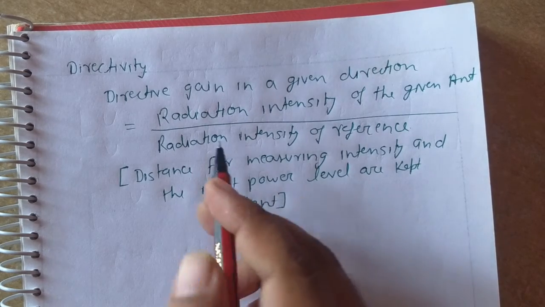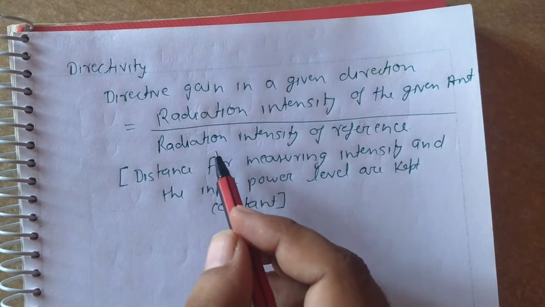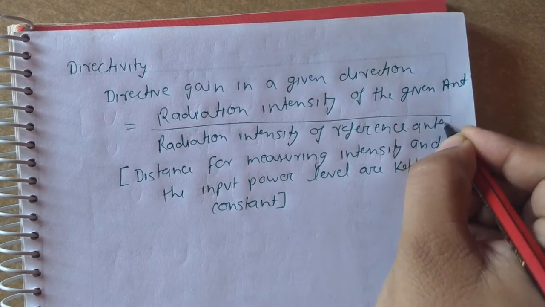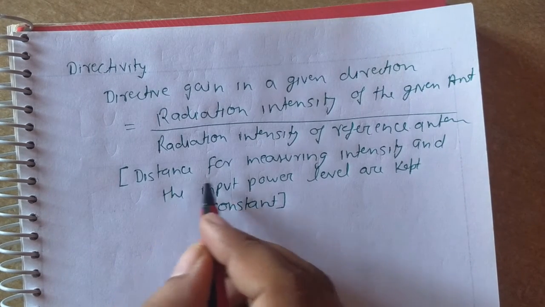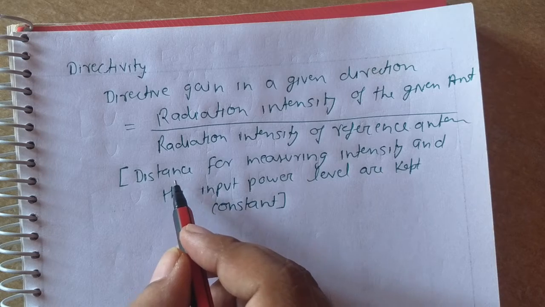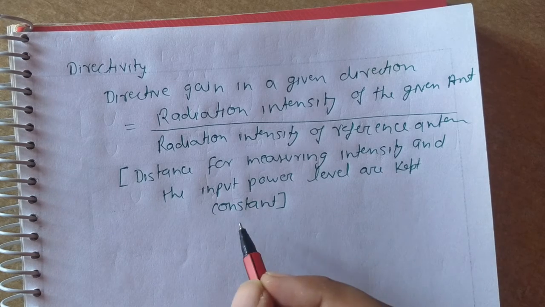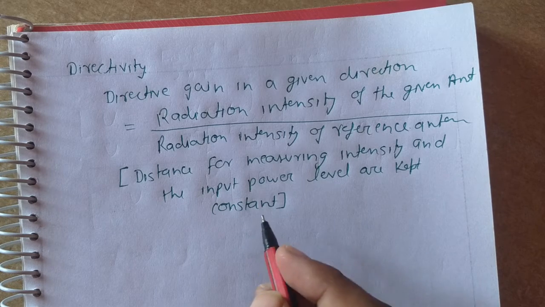Before measuring the radiation intensity of the given antenna or radiation intensity of the reference antenna, we have to remember that we have to maintain the distance. We have to keep the distance constant and the input power level constant. These two parameters we have to keep constant.